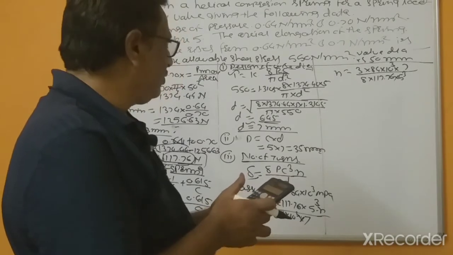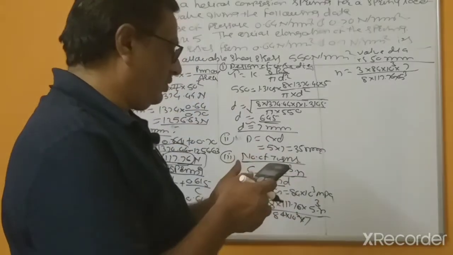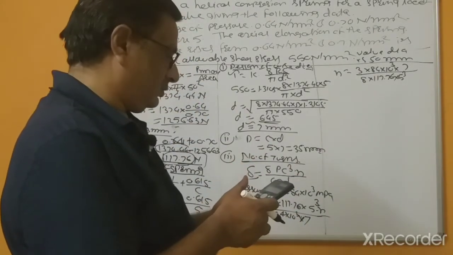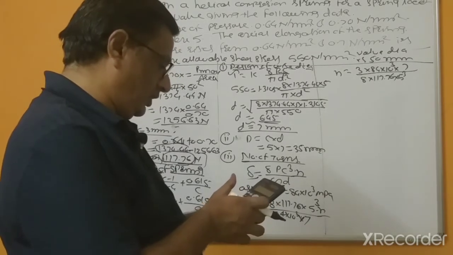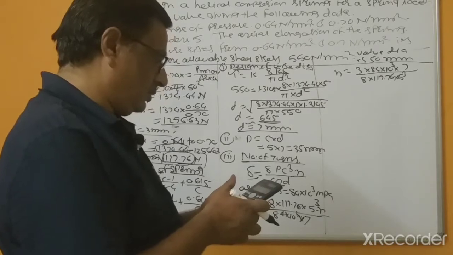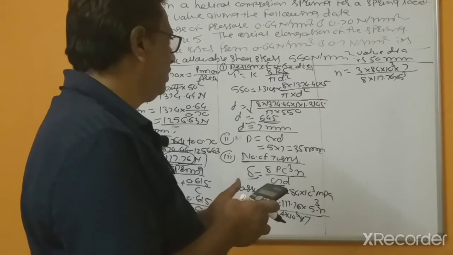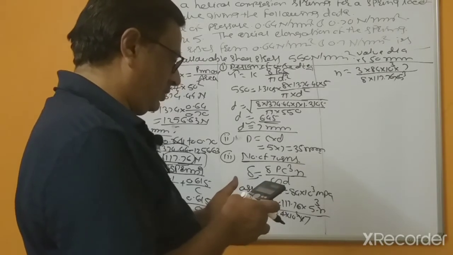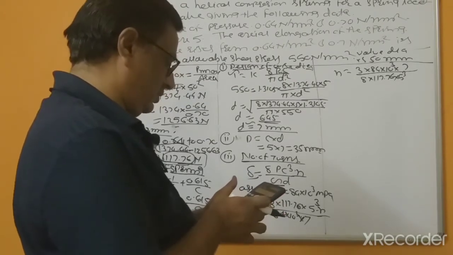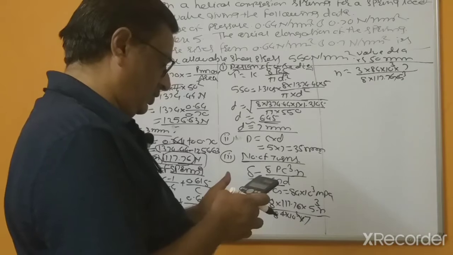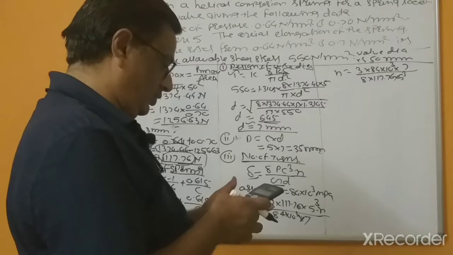3 into 84, because the number of turns may be 10, 5, 6, 20, 25, not 84. So 3 into 84 into 10 to the power 3 multiplied by 7 divided by 8 divided by 117.76 divided by 5 cube.